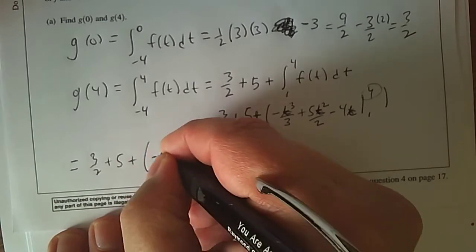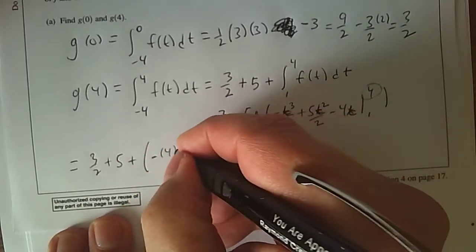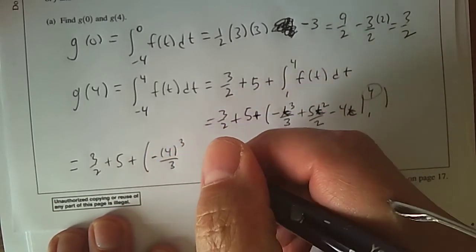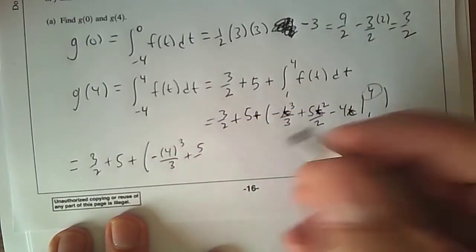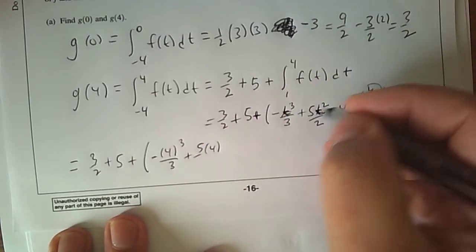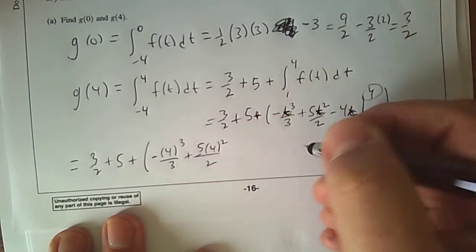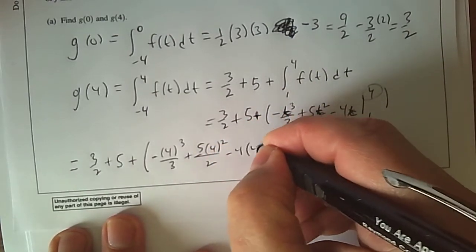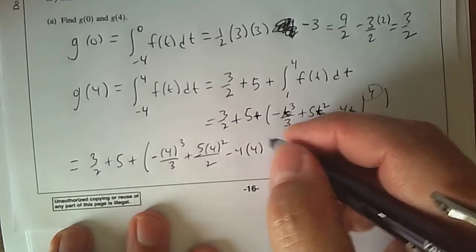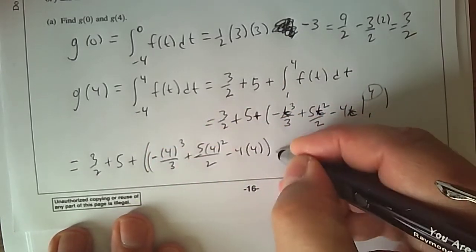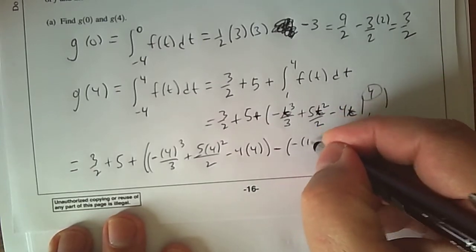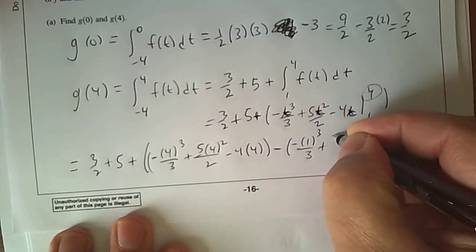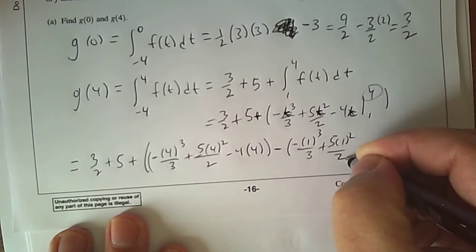So that's negative 4 cubed over 3 plus 5 times 4 squared over 2 minus 4 times 4. Excellent. Put parentheses around that. Subtract. Now plug in 1. And you have your answer.